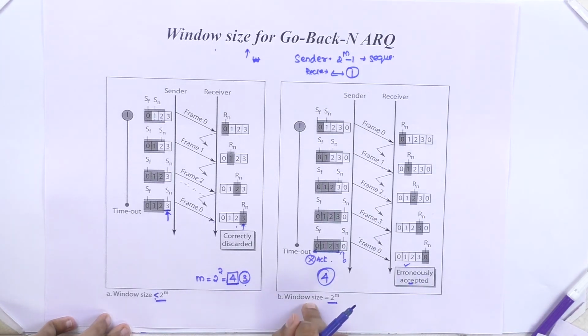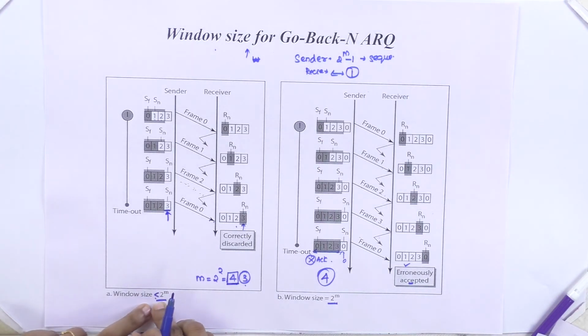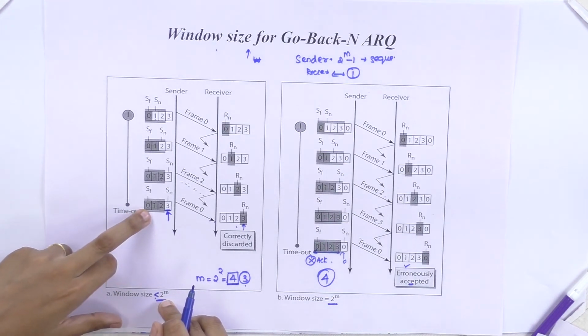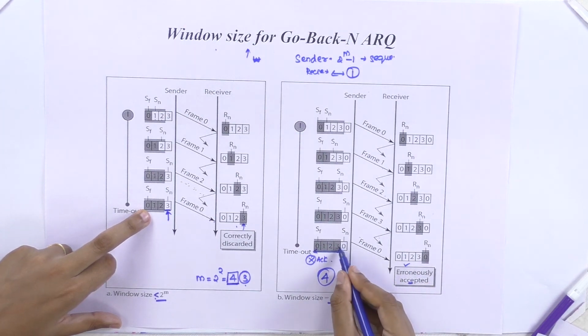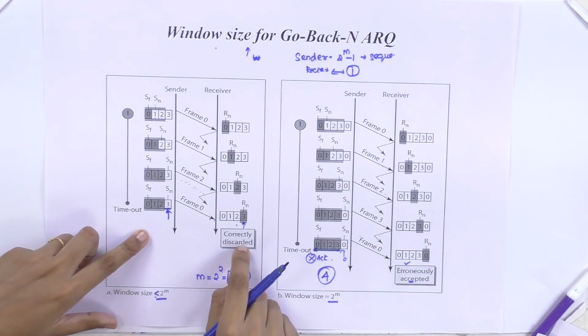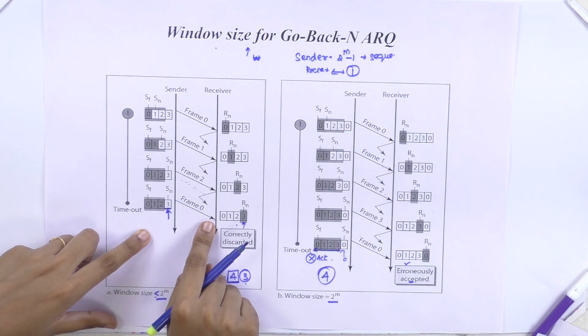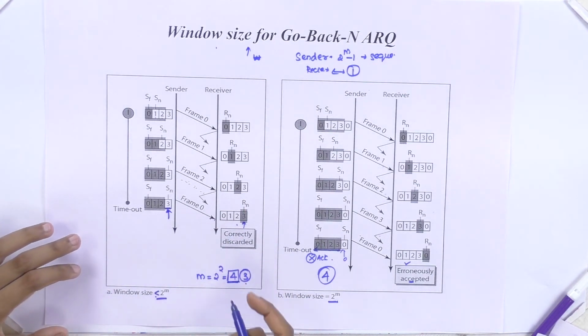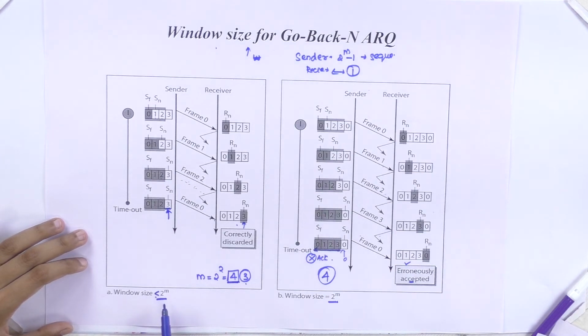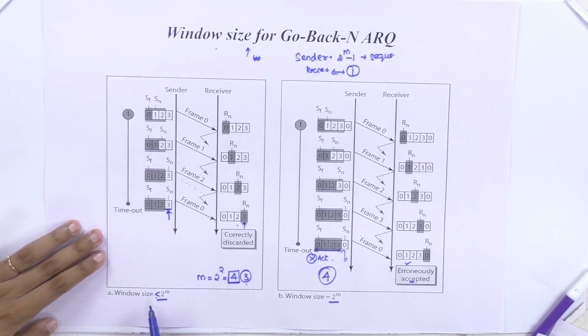So on comparing both, it is better to have my window size less than 2 power m. Instead of accepting the wrong data, I can correctly discard whatever data I have received. So this is the main concept of why your window size should be less than 2 power m.